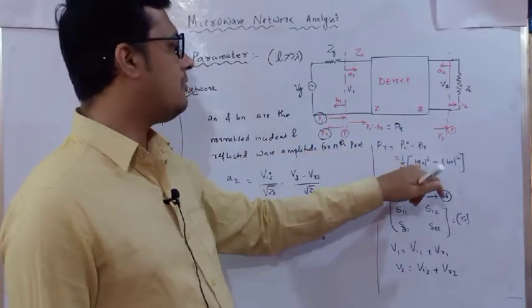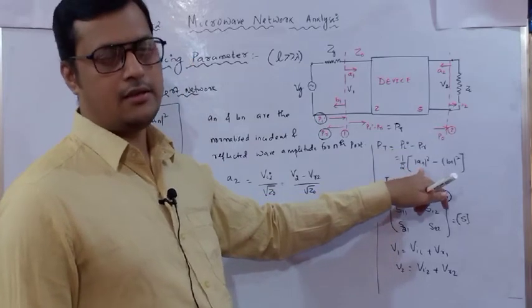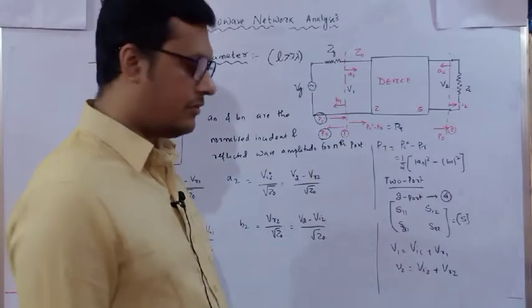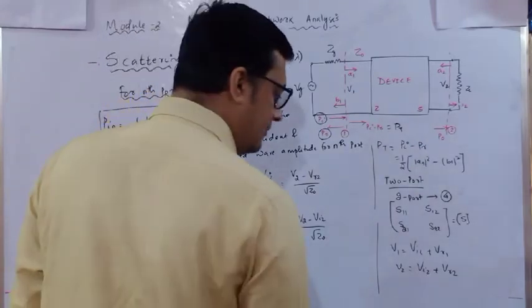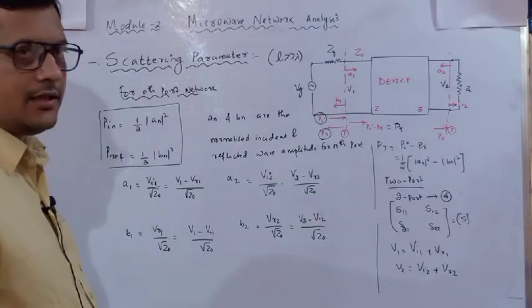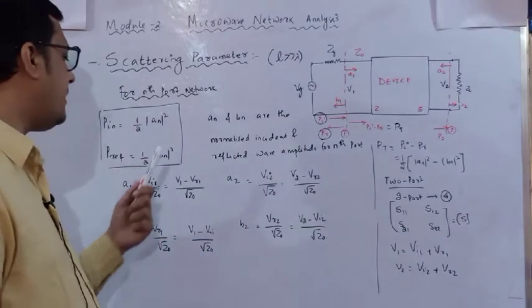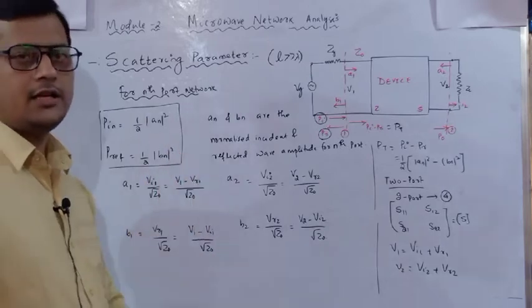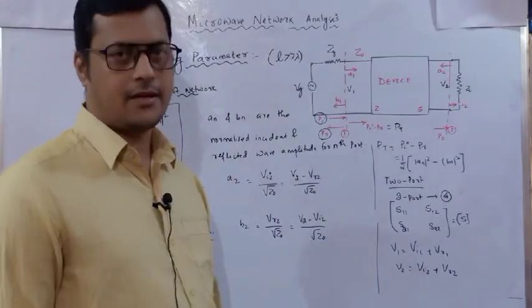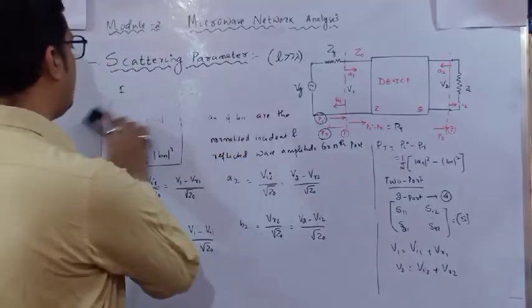The only thing is you have to substitute n as 1 for port 1 and n as 2 for port 2. So these are the normalized potentials. Now we will form a relation between these normalized potentials, incident with respect to reflected, with our scattering parameters. Let me write that.